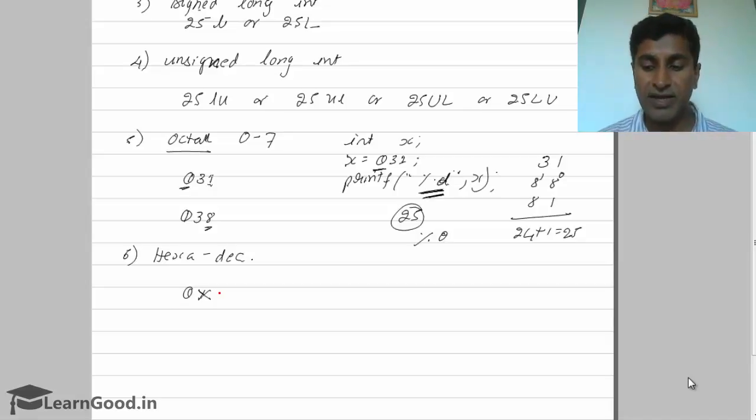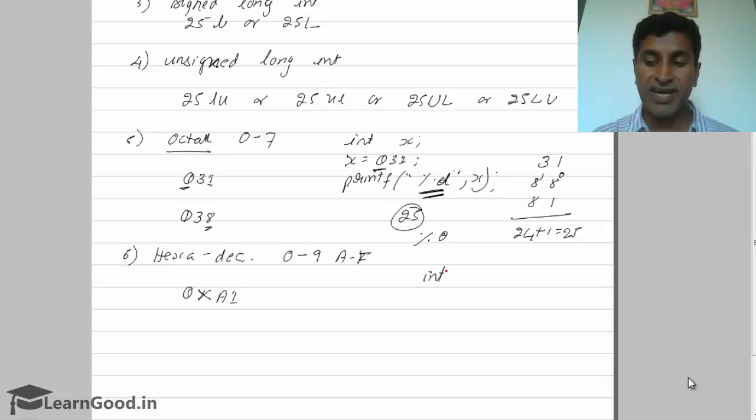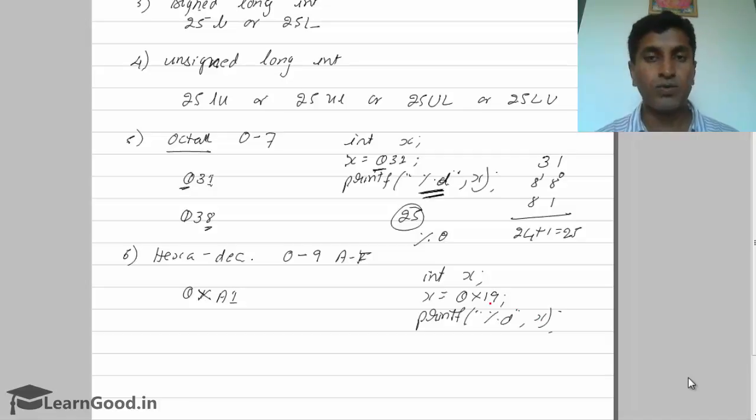So you can give 0xA1, because hexadecimal digits range from 0 to 9 and the remaining 6 characters A to F. For example, if you have declared an integer variable x, and you give x equals 0x19, and then printf %d and x, this 19 will not be displayed because you are asking it to convert to decimal.